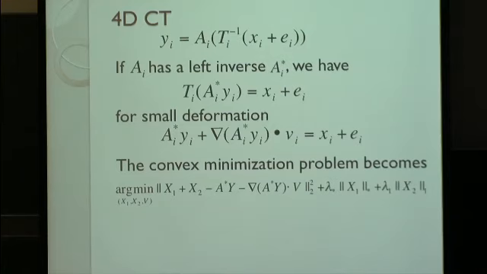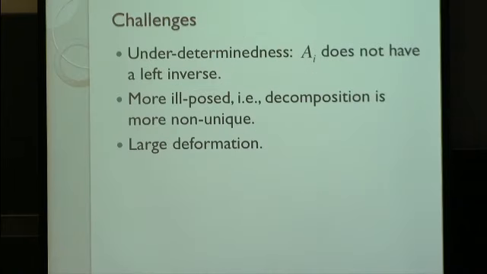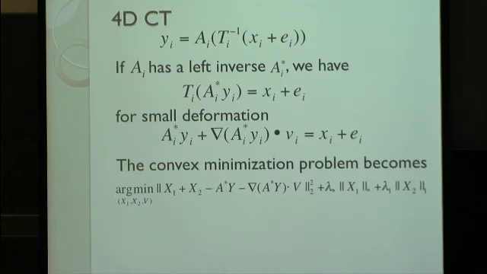Okay, for X-ray, most of the time the matrix is a long matrix, underdetermined. So A_i not only has mixing, but also does not have a left inverse. More ill-posed. The good thing is that if you add more and more decomposition or more factors, the model can be more and more general. But something you have to pay: the problem becomes more and more ill-posed.